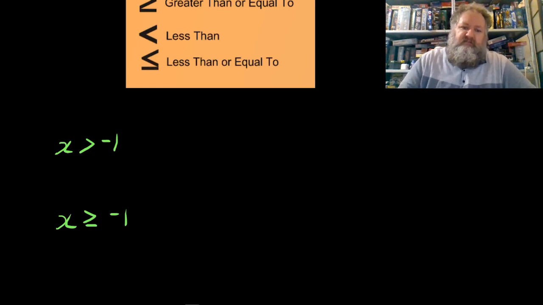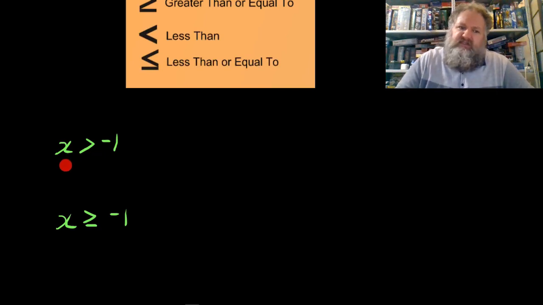Because they're very similar. The difference is that this second inequality actually has -1 as part of the solution, whereas for this top one, -1 doesn't count.